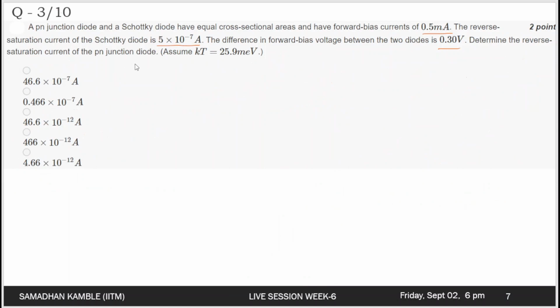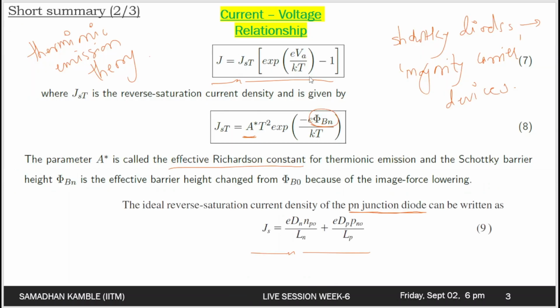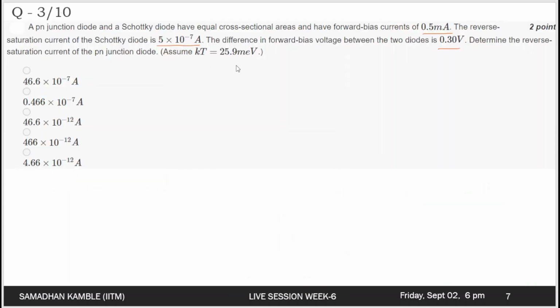We know from our recap slide that the total current density is given by this particular equation, that is J is equal to JST, the saturation current density, times exponential of QVA by KT minus 1.